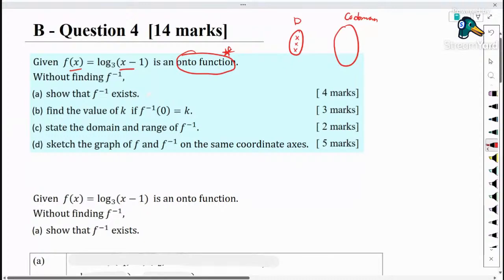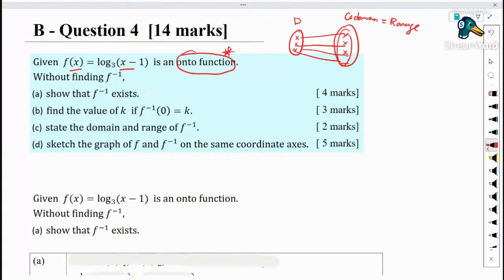In the case of onto function, all the items inside the codomain must be fully matched from the domain. In other words, for onto function, the codomain is the same as the range. Usually in our calculation we ignore this writing because we just assume that most of our functions are onto functions. But in this question here there is a specific mention.